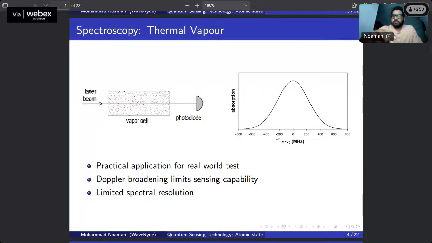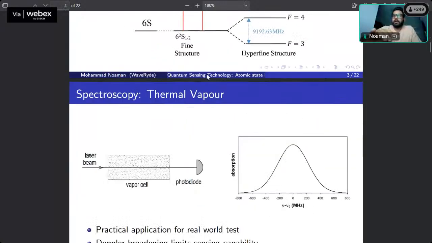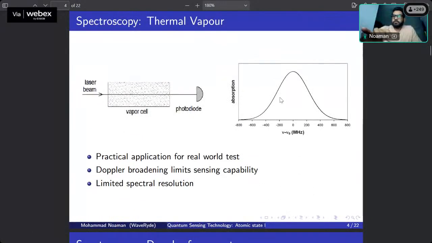The feature shows the line is so broad, and coming back, the D2 lines are very, very narrow, about 6 megahertz, but the feature shows so much broadening. That comes from the fact that the atoms inside the vapor cell are moving all around at speeds of several hundreds of meters per second.